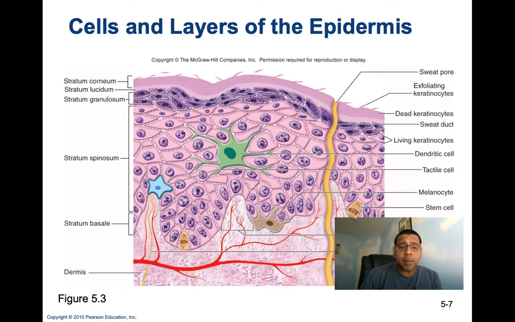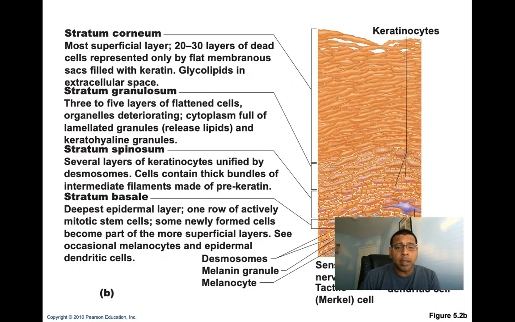The function of this layer is that its cells contain thick bundles of intermediate filaments that are made of pre-keratin. So when you talk stratum spinosum, it contains filaments of pre-keratin.